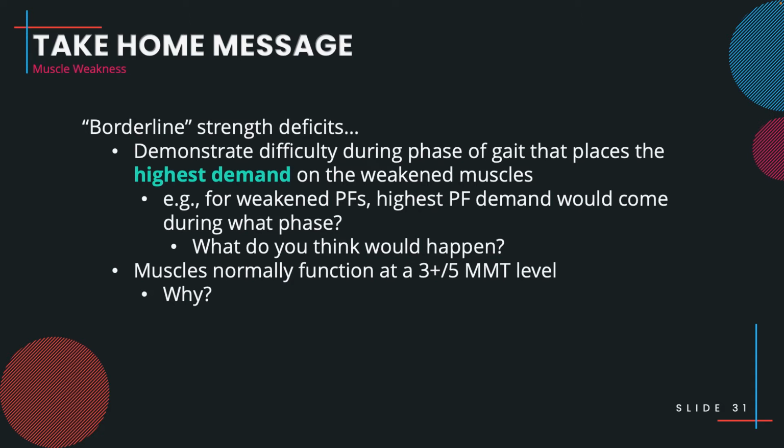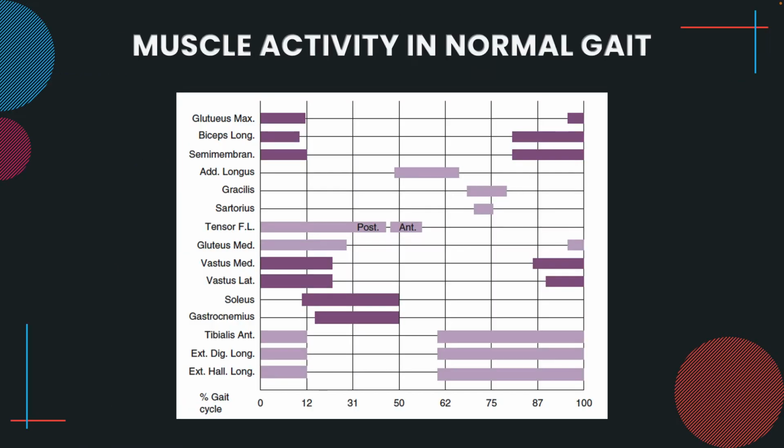And so they're only using about 25% of normal strength. And so if somebody only has a 3+ on manual muscle testing, then just to be able to go through one stride, that's their 1 rep max. And so more than likely, you're going to see their gait patterns start to break down pretty quickly.